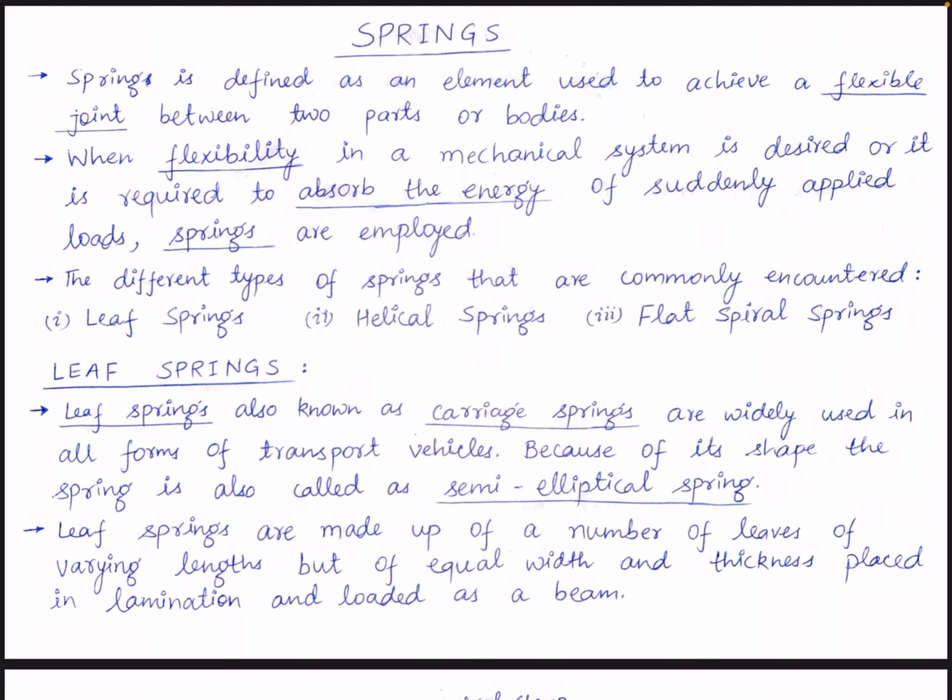Because of its shape, it is also called a semi elliptical spring. Leaf springs are made up of a number of leaves, which is why it is termed leaf, of varying length but of equal width. Thickness and width are the same, the only changing parameter is length, placed in a lamination and loaded as a beam.